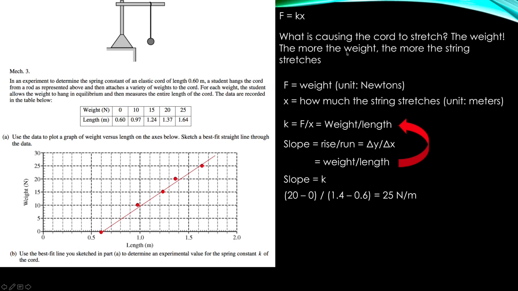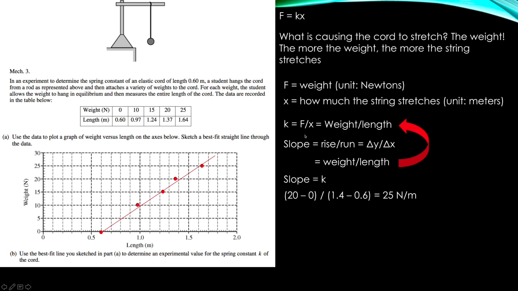So if you think about it, what is causing the cord to stretch? That's obviously the weight. The more the weight, the more the string stretches, as we can also see in this graph here. So in this situation, the force that we're focusing on is the weight that's attached to the end of the string. And just keep in mind that the unit is newtons. And x is how much the string stretches, and the unit is meters.